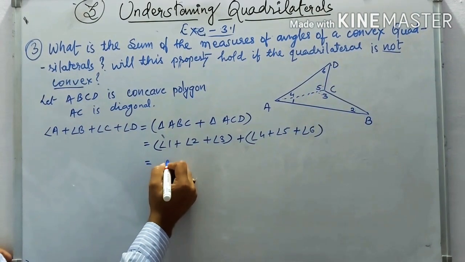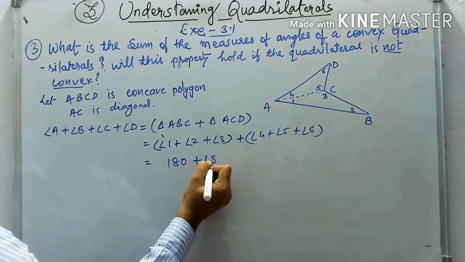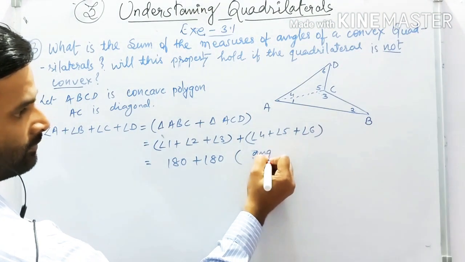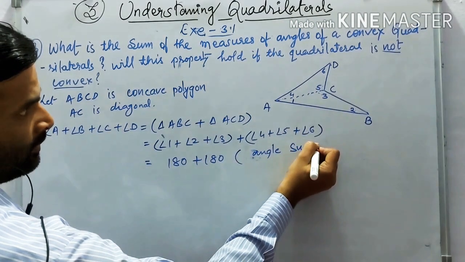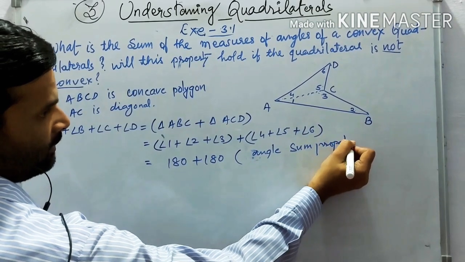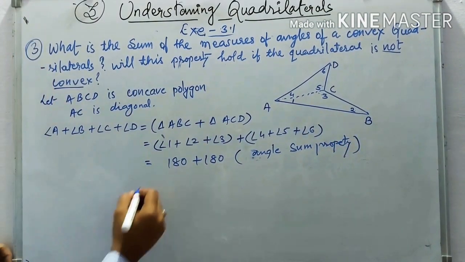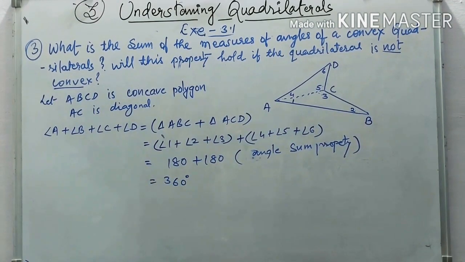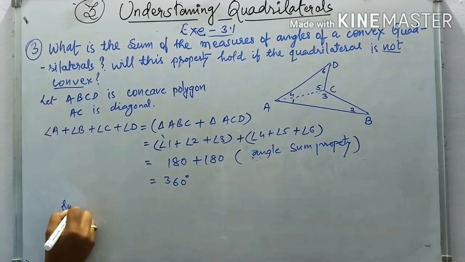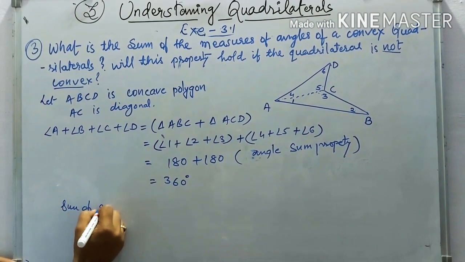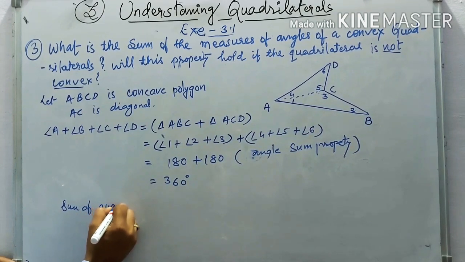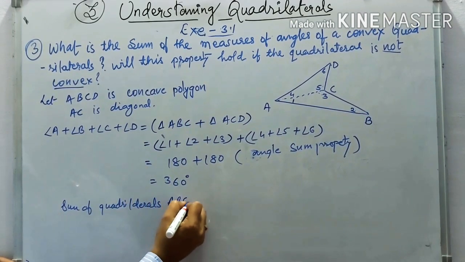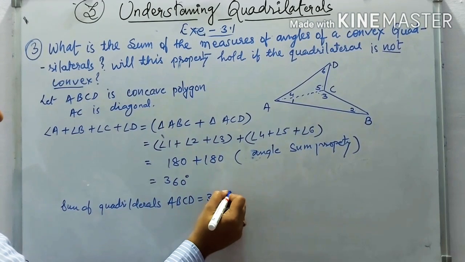Each triangle is 180, so 180 plus 180, because of the angle sum property, is 360. Okay, it means the angle sum of quadrilateral ABCD is equal to 360.